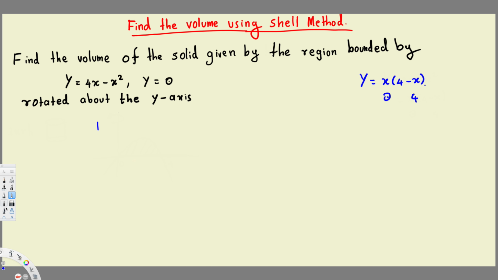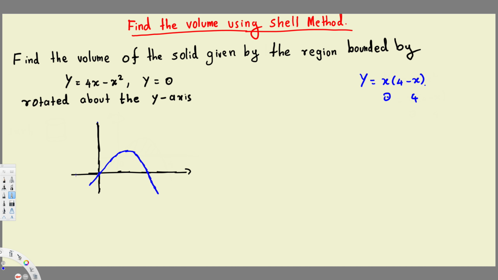So let's draw the diagram right here. If this is 0 and if this is 4, the parabola is going to come right over here and cross this part right here, right? So this is our parabola, the first equation, and the second equation given is y is equal to 0.